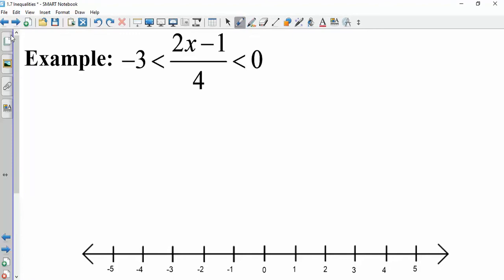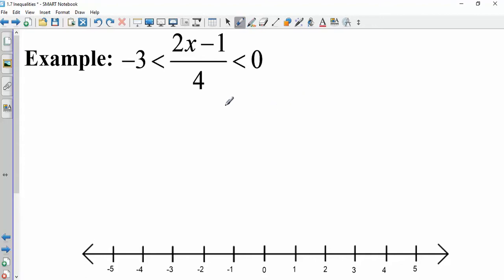Let's look at this one. Alright, this is a compound inequality.